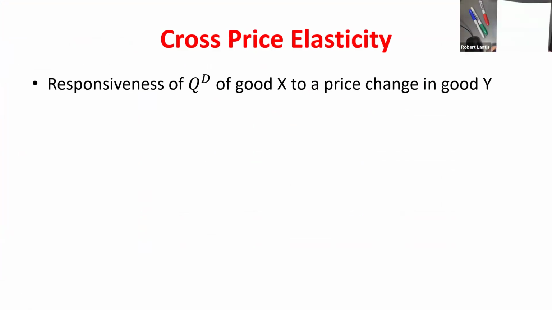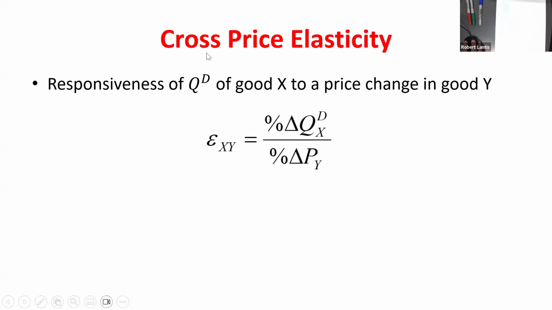Before I continue, are there any questions about this relationship of elasticity, total revenues, or any clarification? Because we're going to switch gears a little bit. Okay. All right, just making sure I could see the chat there.